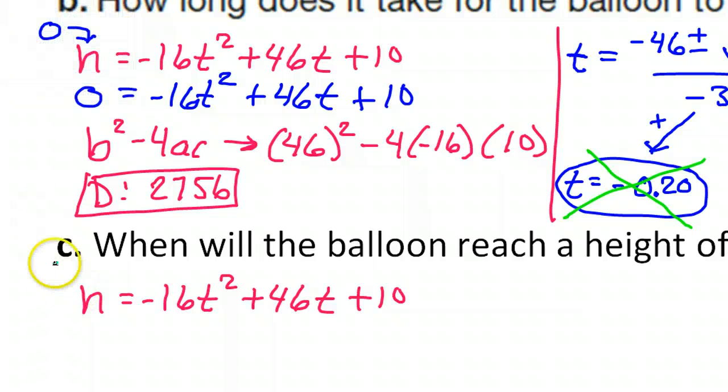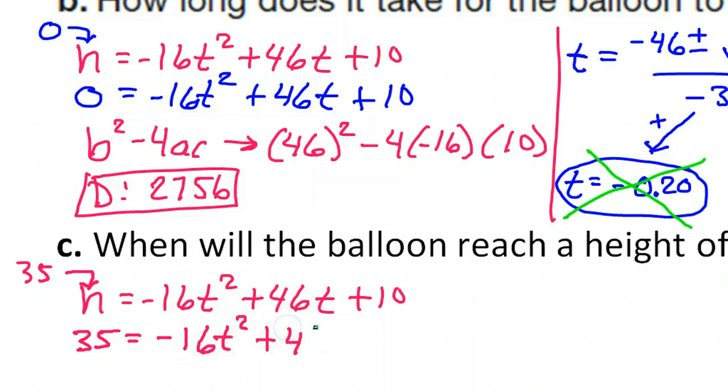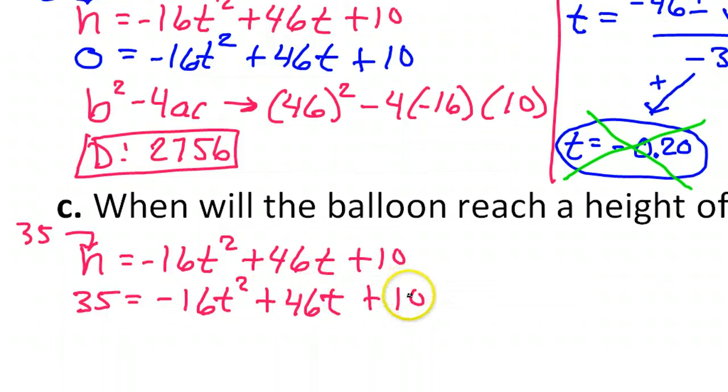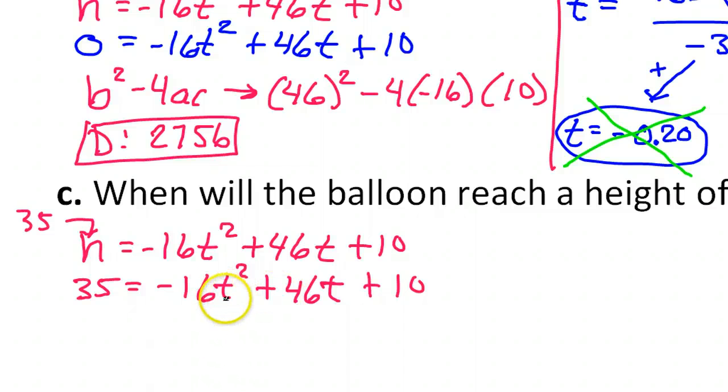So if I substitute 35 for the height, then what I have is 35 equals negative 16t squared plus 46t plus 10. Okay, so I just need to solve this for t, because they're saying when. The word when is asking us for time.